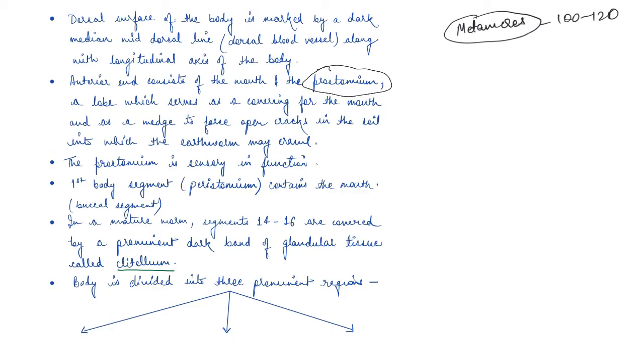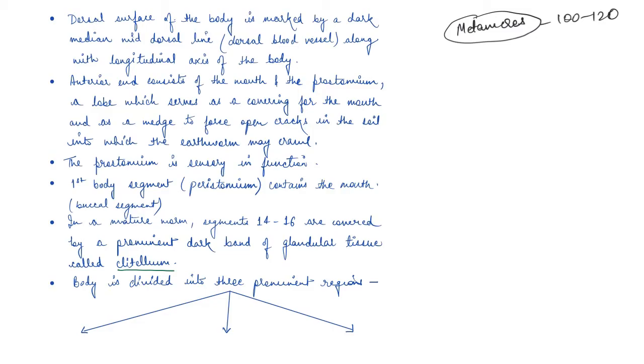This wedge basically force-opens the cracks in the soil, and then after the soil is opened, the earthworm crawls, right? And then the prostomium is also sensory in function. The prostomium has sensory cells as well, right? We'll study the sensory cells later.